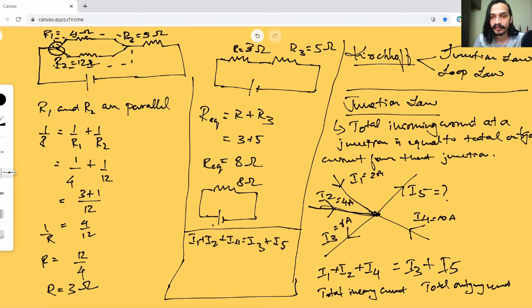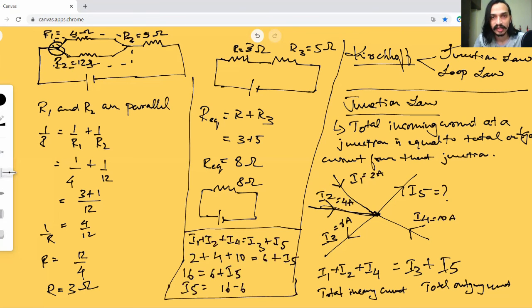Putting the values in, I1 is 2 plus I2 is 4 plus I4 is 10 equals I3 which is 6 plus I5, which is the unknown value. Now 2 plus 4 plus 10 is 16 equals 6 plus I5. How to find I5? I'll send 6 to the other side. I5 equals 16 minus 6.